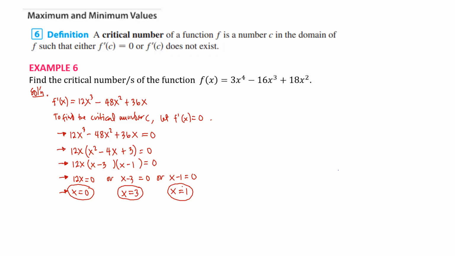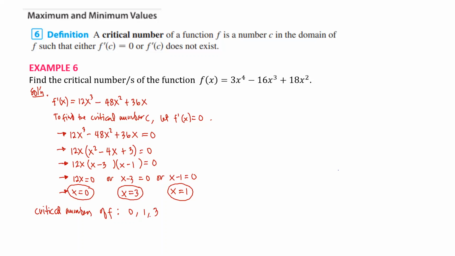So these are your critical numbers for f. The critical numbers of f are 0, 1, and 3. So in this case, you have 3 critical numbers.